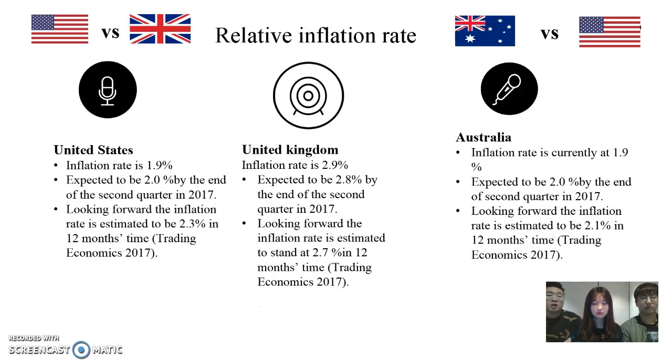For the current inflation rate, the United States is 1.9%, the United Kingdom is 2.9%, and Australia is 1.9%. By the end of the second quarter in 2017, the United States is 2%, the United Kingdom is 2.8%, and Australia is 2%.